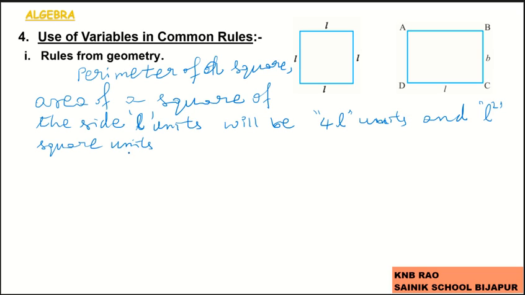Square units means centimeter square, meter square, kilometer square, like that. These are examples for the rules of geometry.